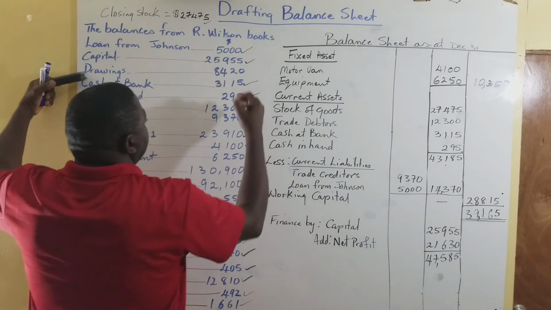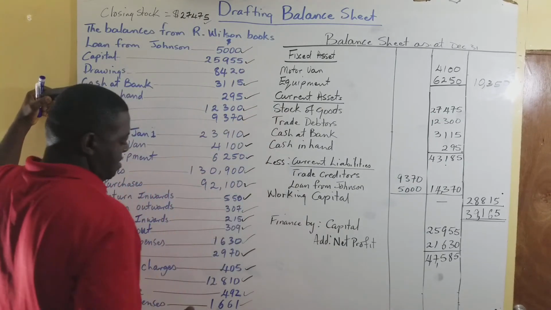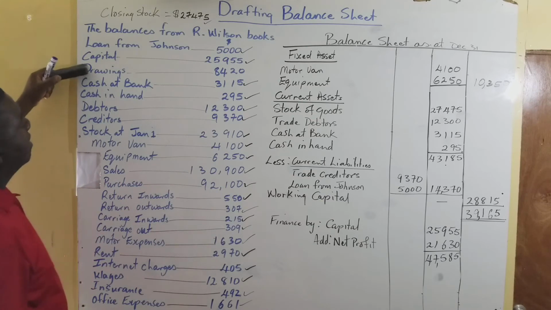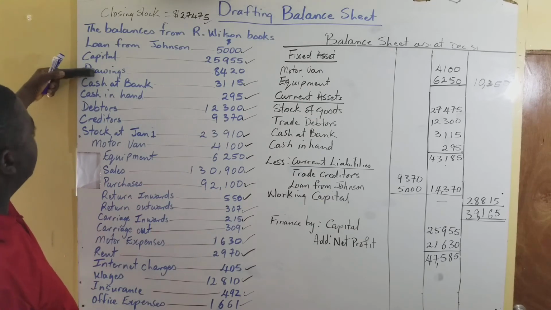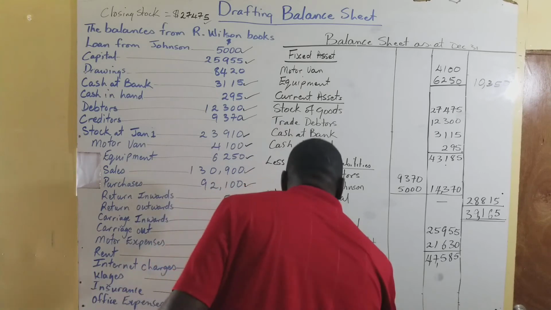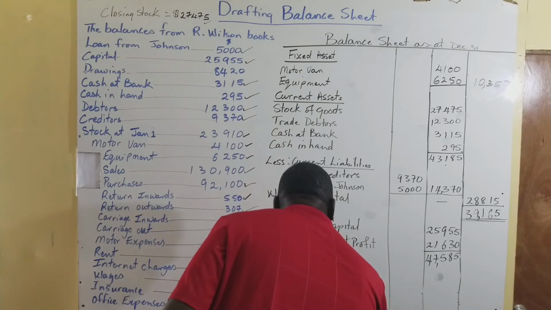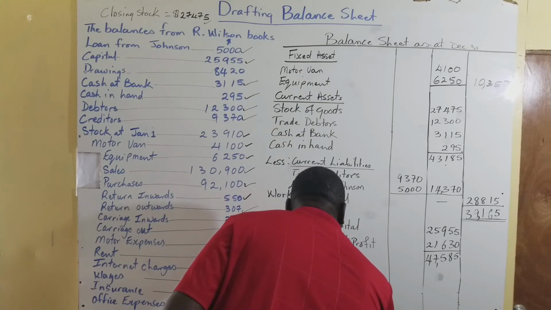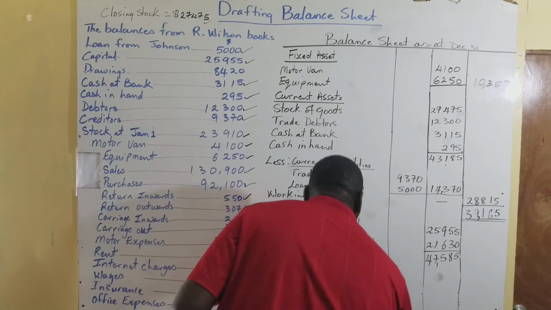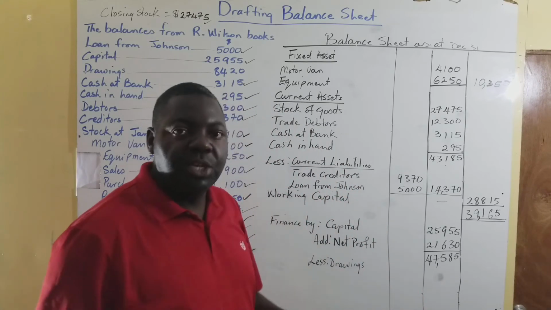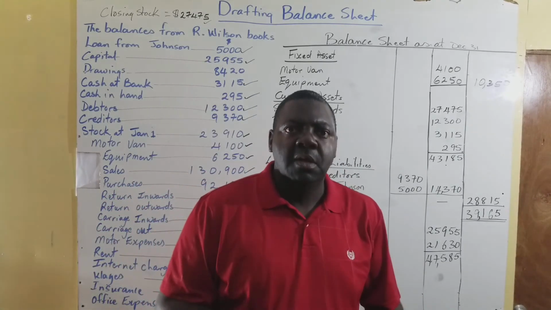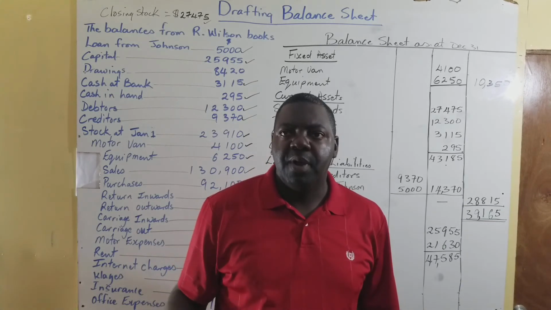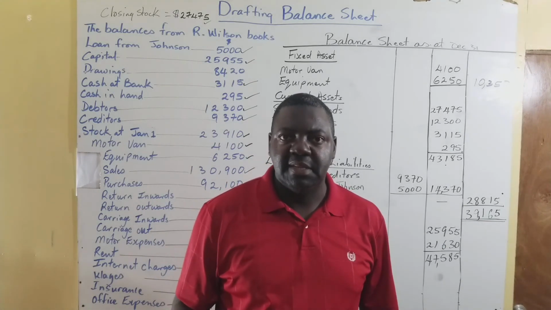We have dealt with that already. We have used this already. All right. So the last item we have to use here is the drawings. We're going to subtract it. Why subtract the drawings? Because the drawings are reducing the amount of money that this proprietor, the owner, has in the business.